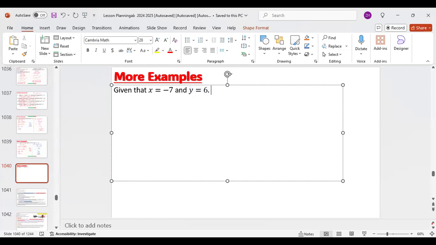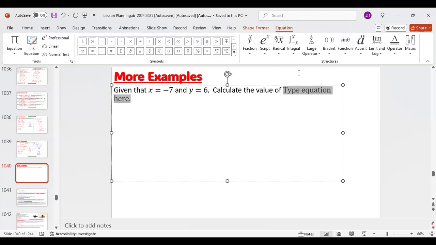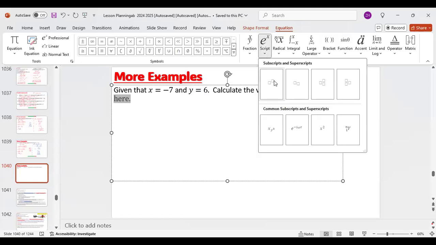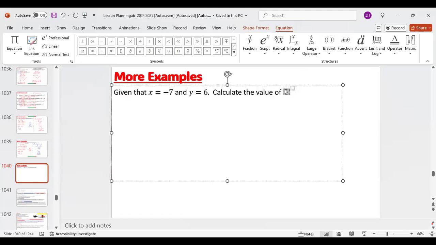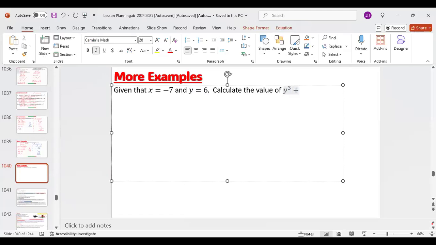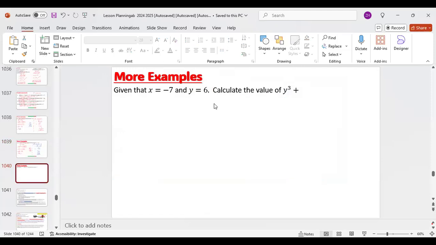Calculate the value of y cubed plus 3 plus xy.